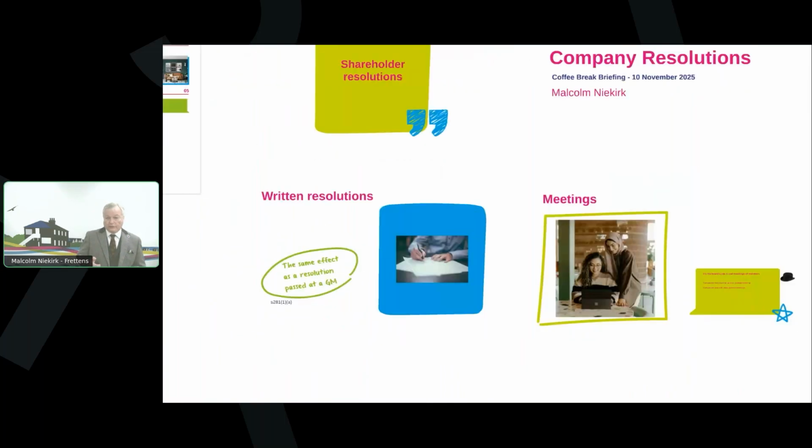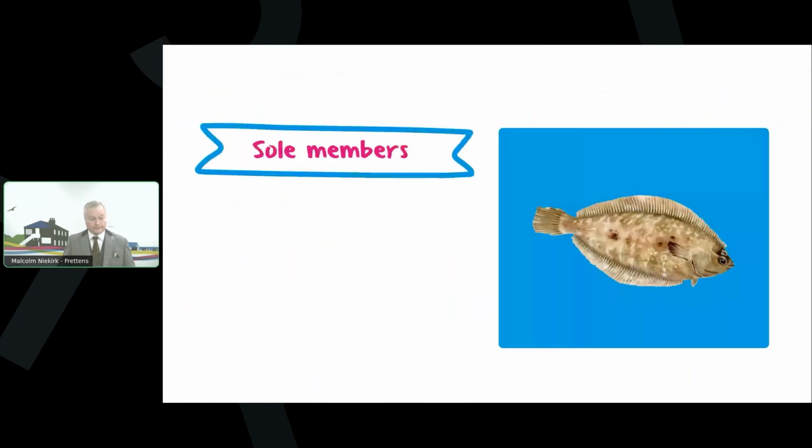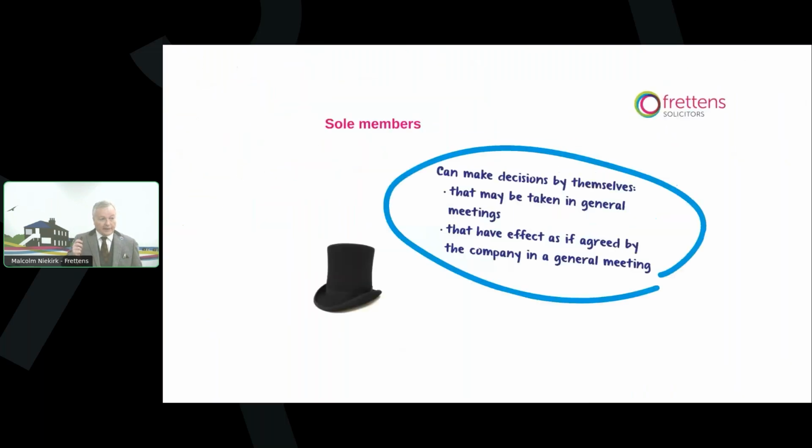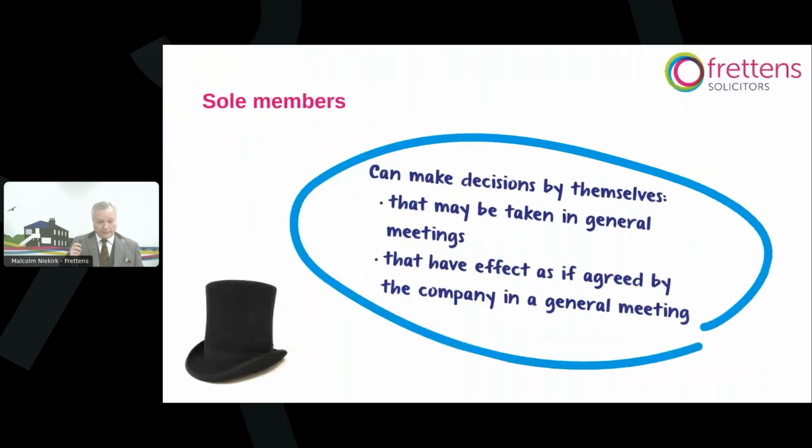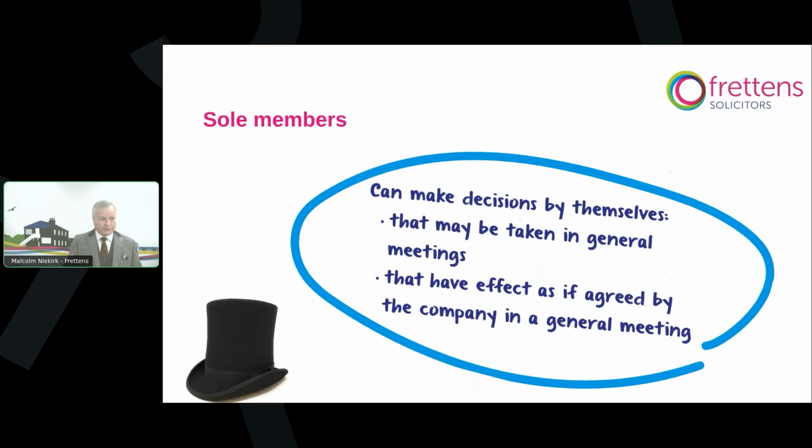The final thing I want to talk about are sole members. And the general principle here from the Companies Act is that sole members can make decisions either of the sort that could be taken at a general meeting of the company's members, or that have the same legal effect as if agreed by the company in a general meeting. The Companies Act is very, very casual about the procedure for that.